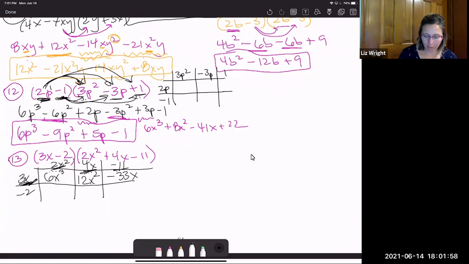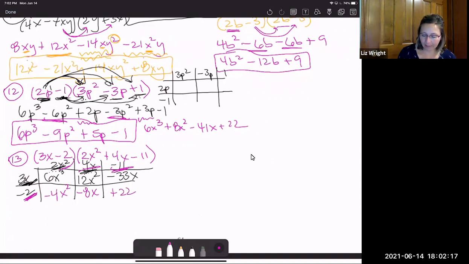So next row, I'm doing -2 times a 2x squared, which is going to give me -4x squared. -2 times a 4x is going to give me a -8x. And then -2 times a -11 is going to give me a +22.